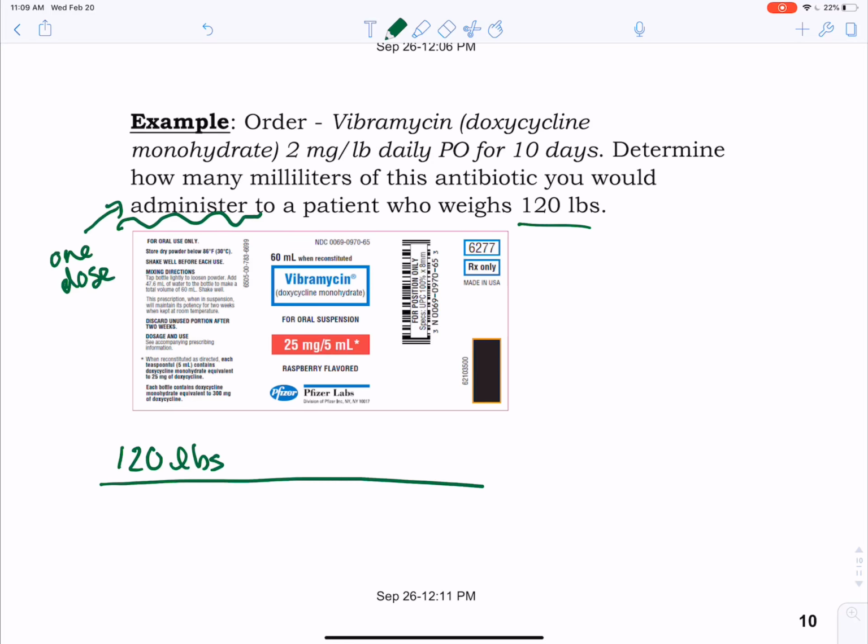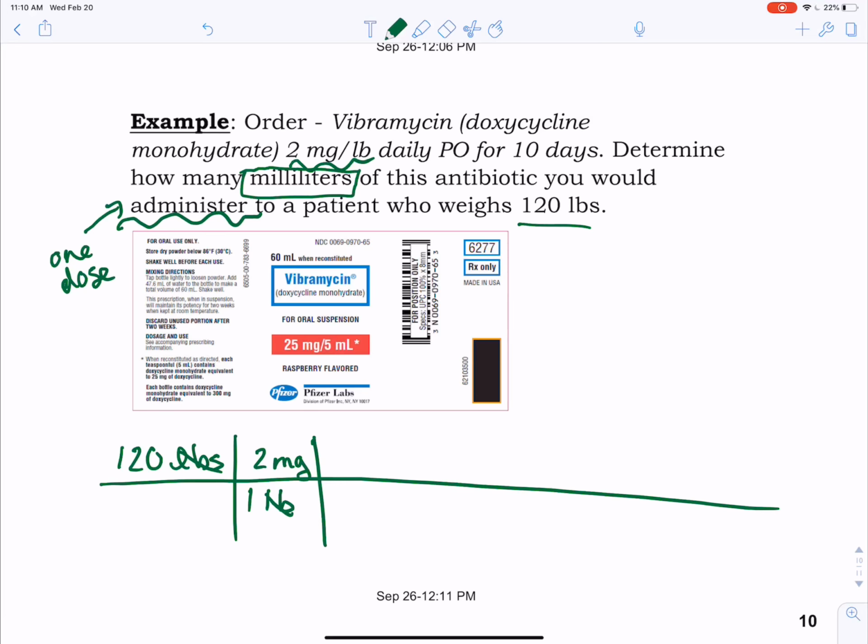If we look at what they're telling us about the patient in the order, we should give the patient 2 milligrams per pound. So the good news is the weights are both in pounds. We don't have to do any conversions there. What they're asking for is how many milliliters. So I'm going to start with the order and say that for every 1 pound, the patient's going to get 2 milligrams. But now we need to get to milliliters.